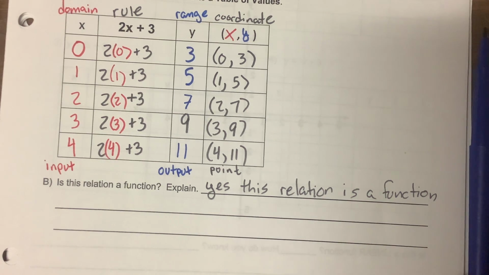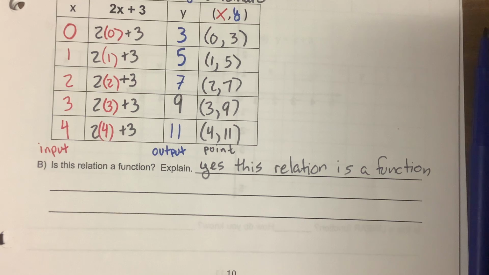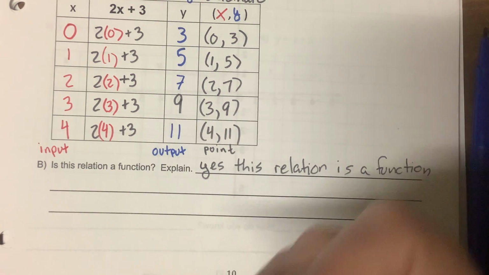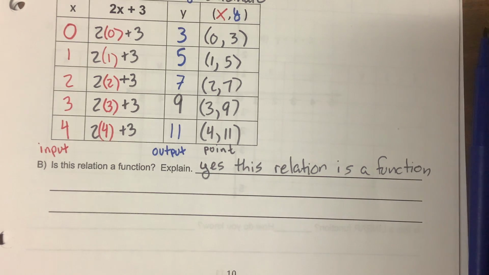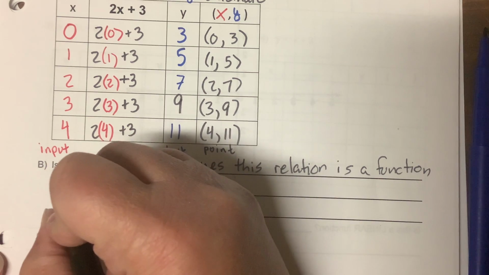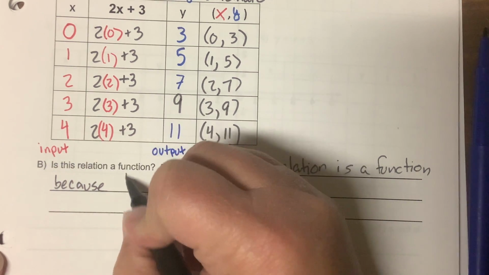And now I have to think of the because. This relation is a function because the domain does not repeat, the input does not repeat, the x values do not repeat. You put what you think when you read it. So I'm going to write the domain. I might even write the x's. I don't know. Yes, this relation is a function because the x values do not repeat.